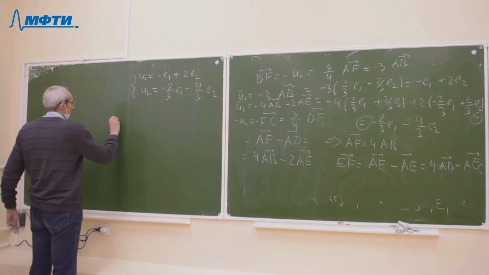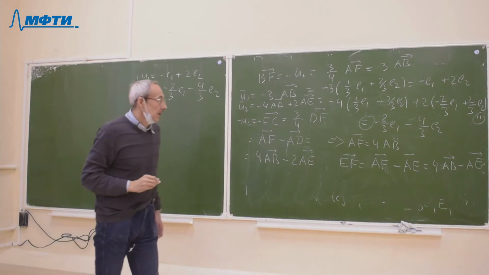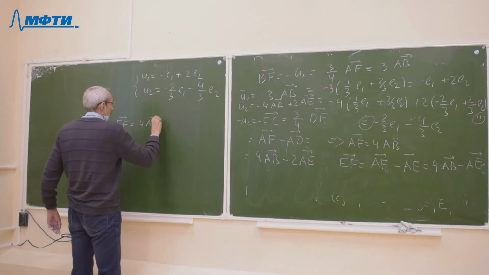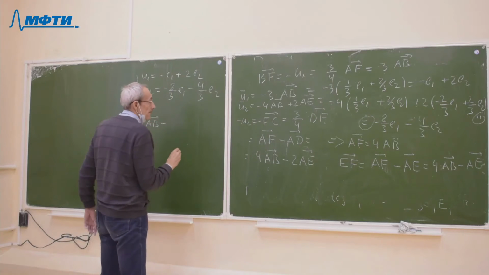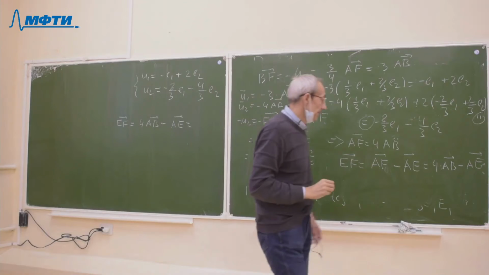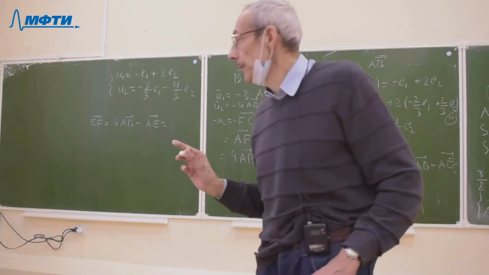And we obtain that EF is equal to AB minus AE. AB, sorry. Why do we need EF?